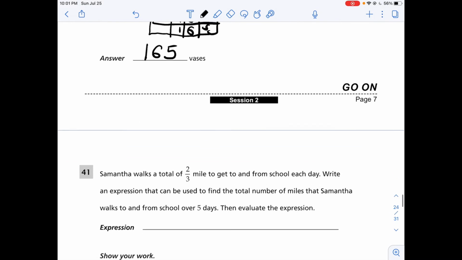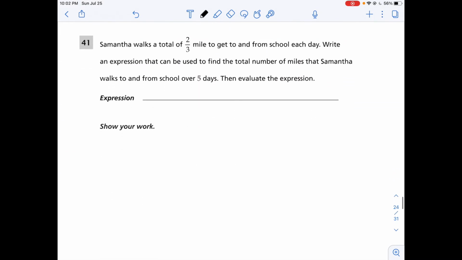Okay, next question, 41. Samantha walks a total of 2/3 mile to get to and from school each day. Write an expression that can be used to find the total number of miles that Samantha walks to and from school over 5 days. Then evaluate the expression.